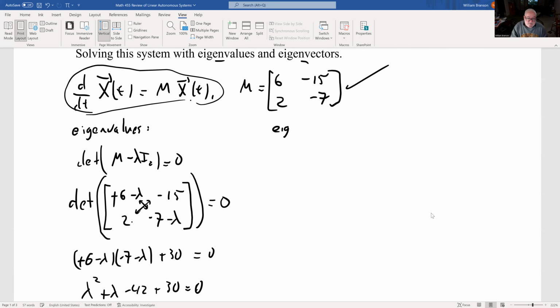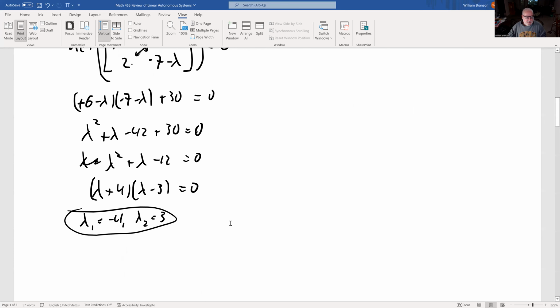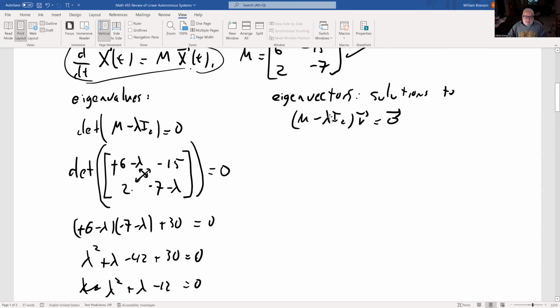And eigenvectors are solutions to that equation, right? And the eigenvalues, lambda equals minus 4 and lambda equals 3, are exactly the numbers that make the determinant of the matrix M minus lambda I2 equal to 0, which means that we have non-zero solutions to this equation here.